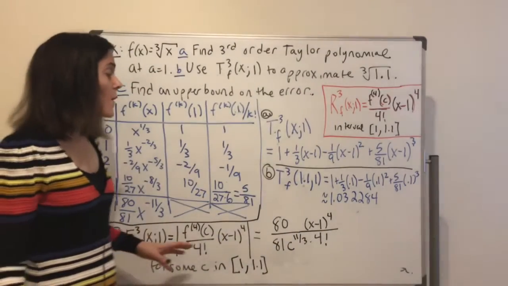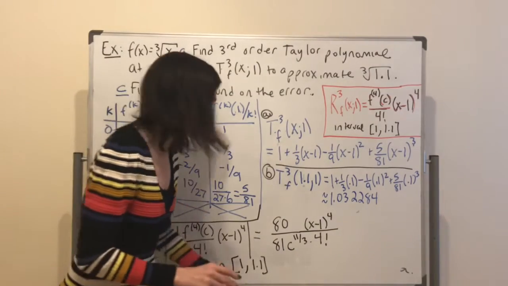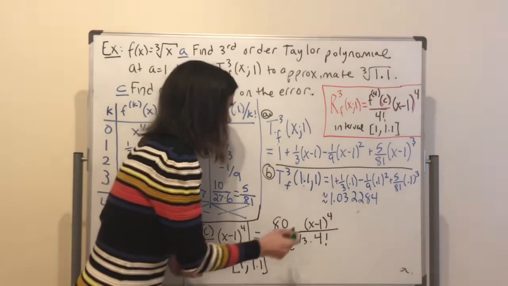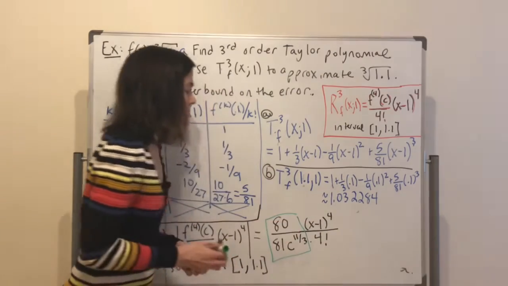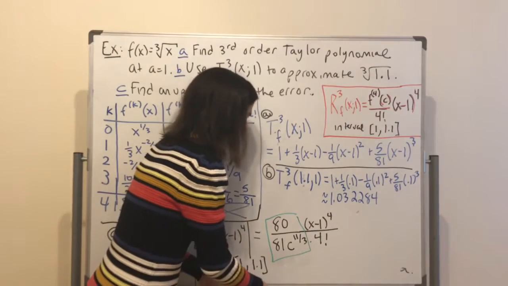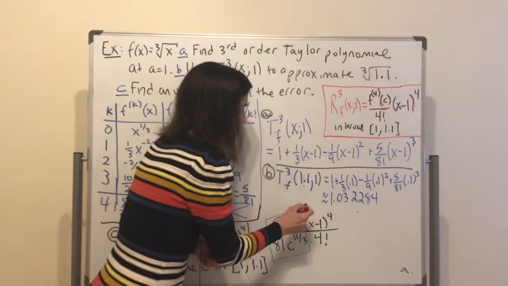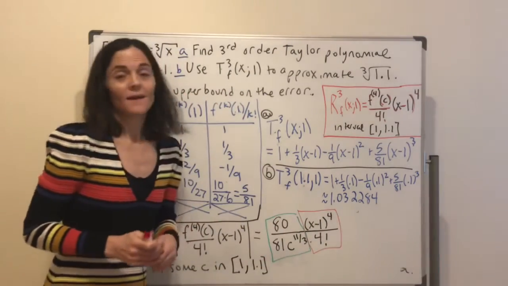Okay? What we need to do, you see we have two things that vary across the interval. One of them is this part. It's the fourth derivative. It varies over the interval. One of them is, I'll do it in red, this part. It varies over the interval. Okay?